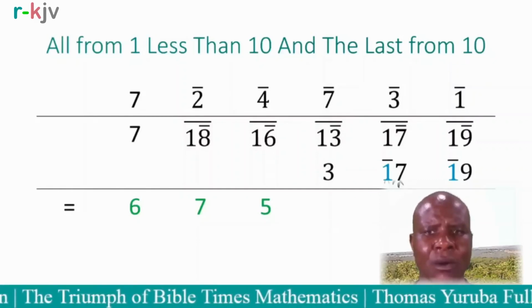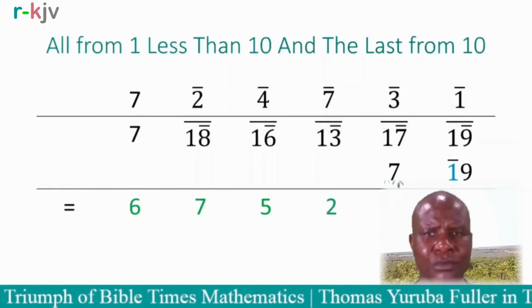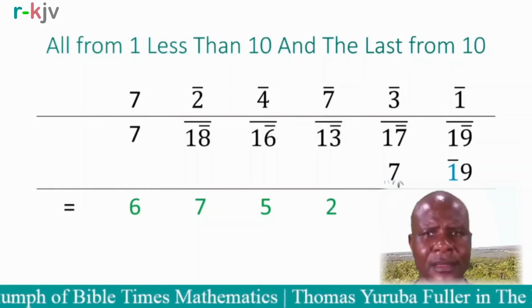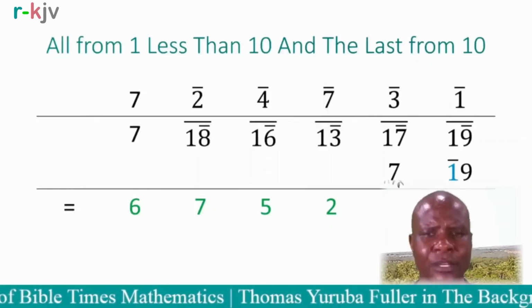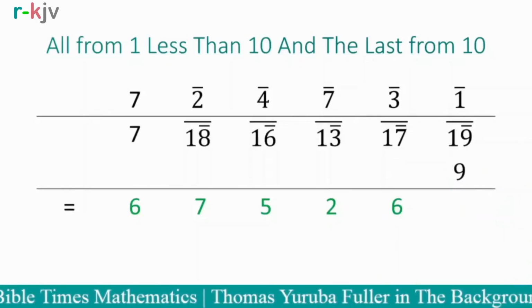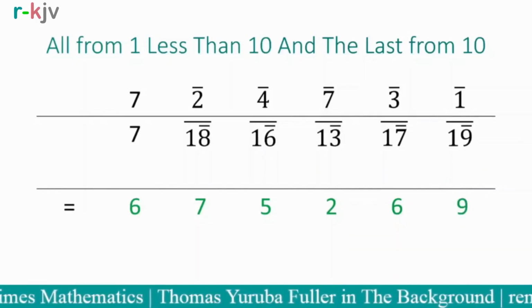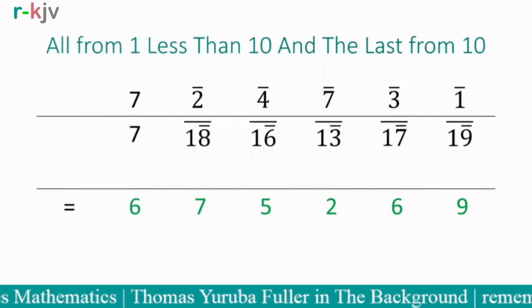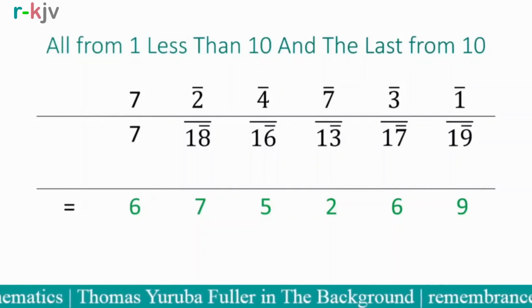The carry bar 1 of bar 17 is added to 3 and we write down 2. The carry bar 1 of bar 19 is added to 7 and we write down 6. Finally, we bring down 9. The first number, 7, is in normal form and is reduced by 1 to 6.